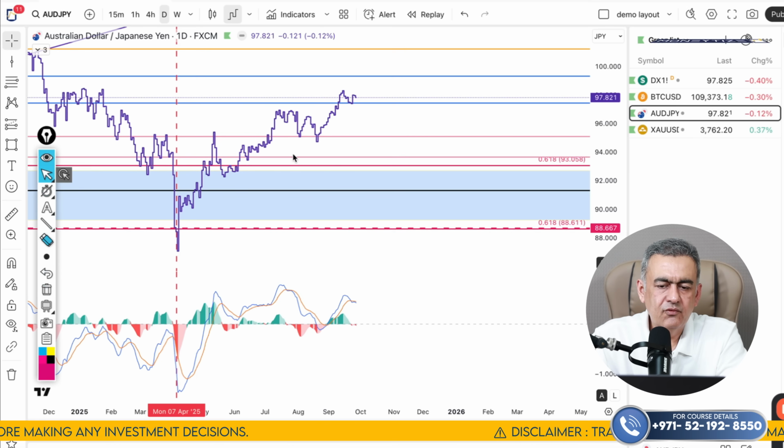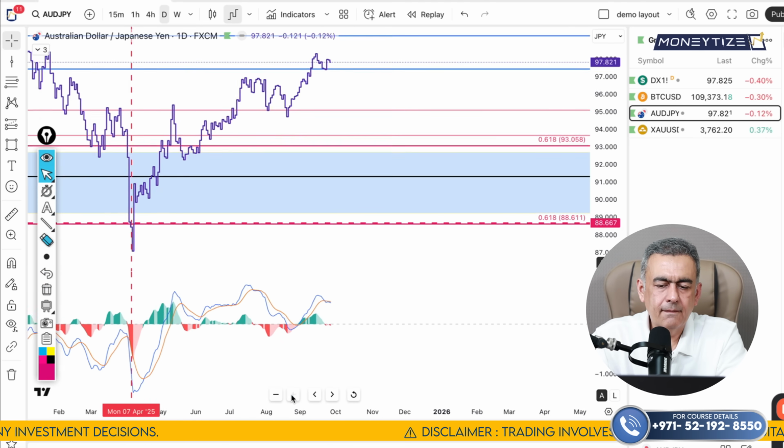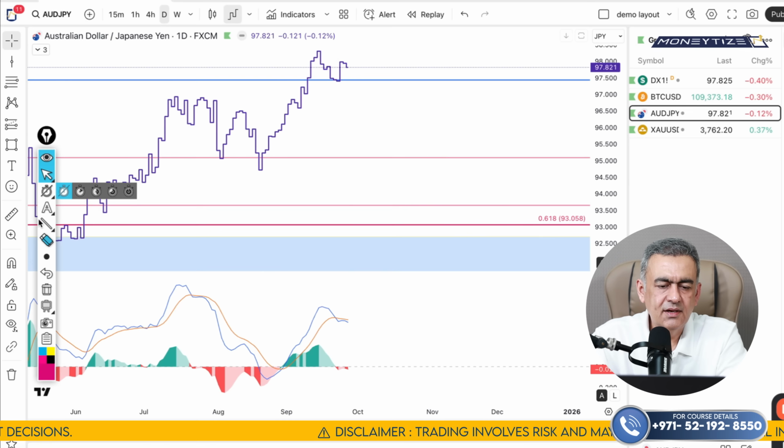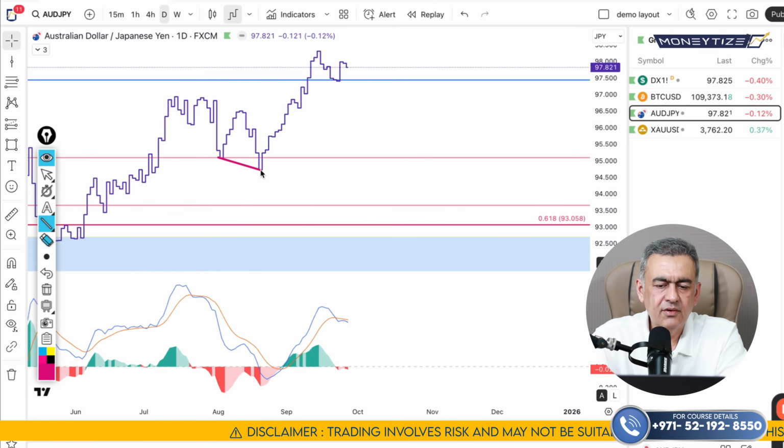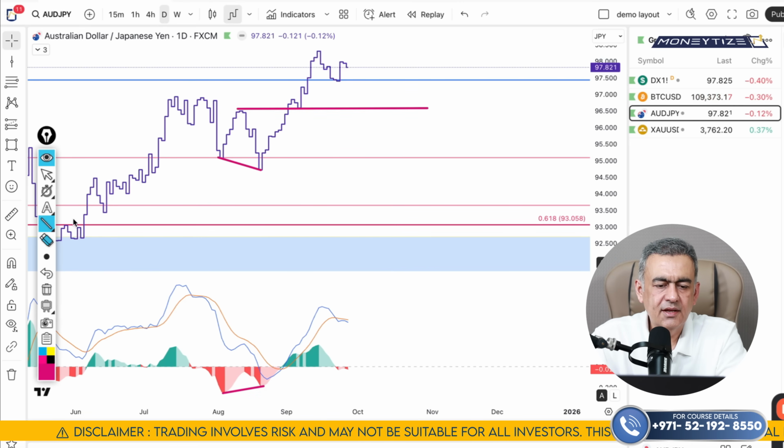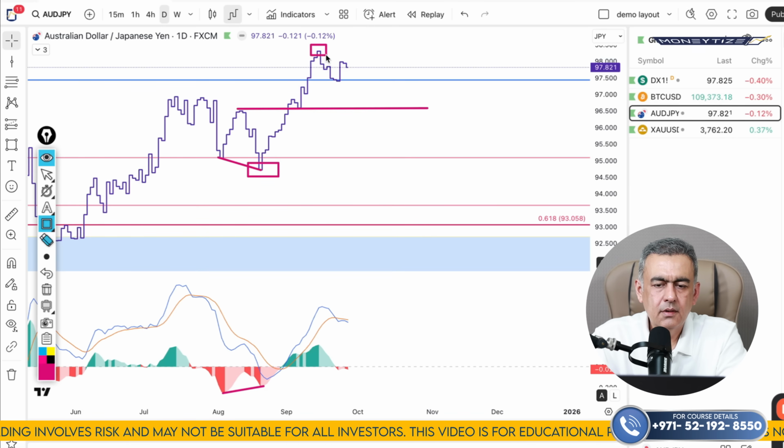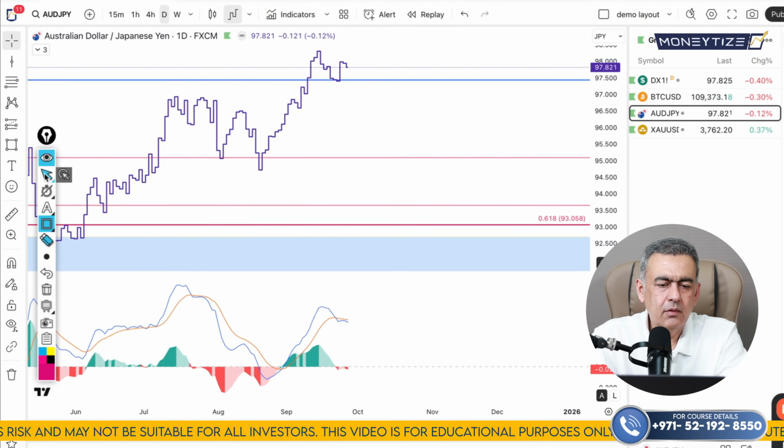So can we apply Fib retracement here? We can use the latest bullish divergence formation, break of structure, and starting from the lowest point only on the latest up leg, I can apply here Fib retracement.